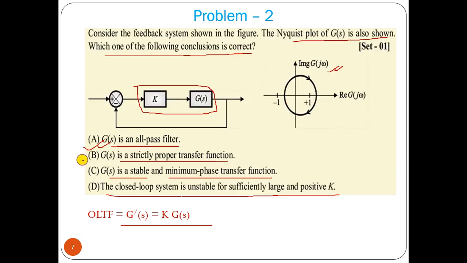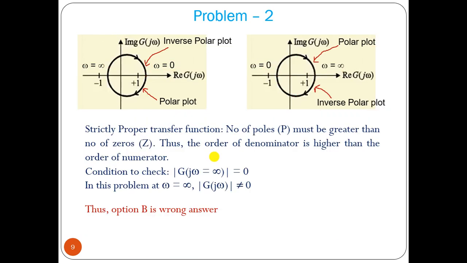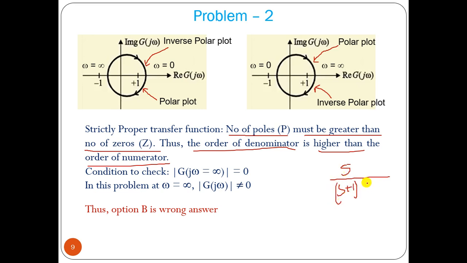Now let us check option B, strictly proper transfer function. Strictly proper transfer function means the number of poles must be greater than the number of zeros, and the order of the denominator is higher than the order of the numerator. For example, if we have 1 zero, here we must have 2 poles.